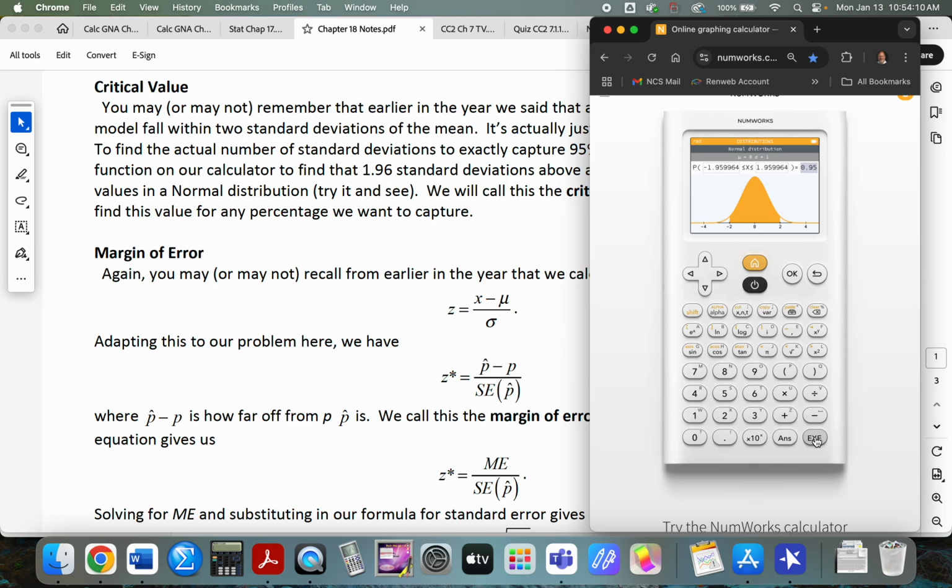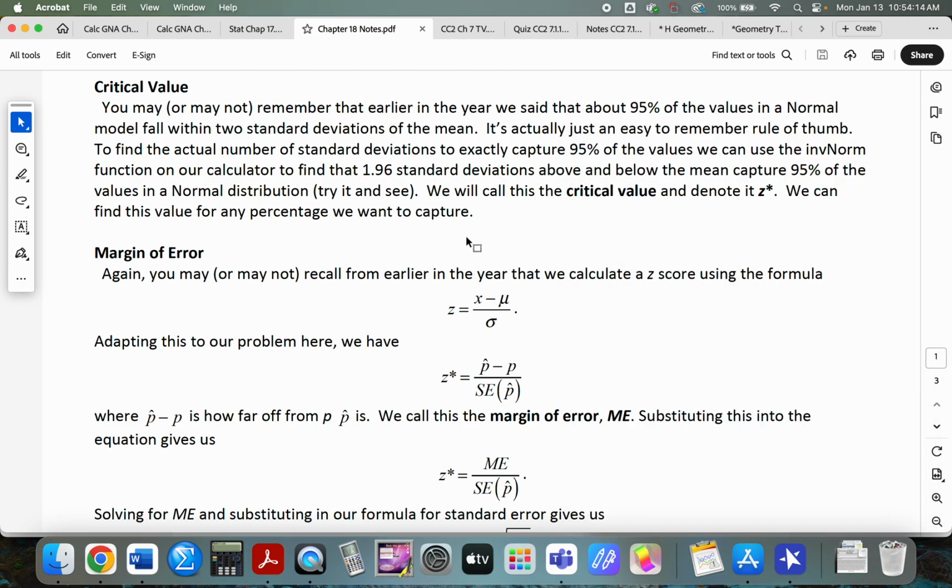This 1.96 is actually called your z critical, or just the critical value. And we denote it with a z and an asterisk. Some people call that z star. Z critical is what a lot of times we'll call it, or z crit. So we can find that for anything.